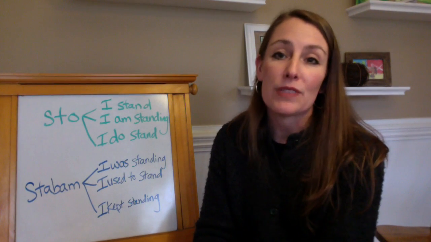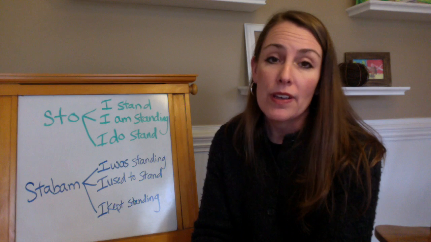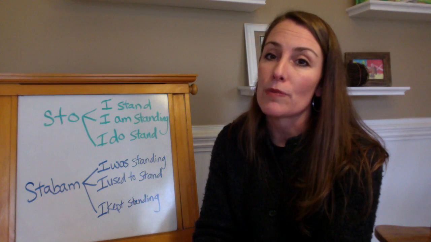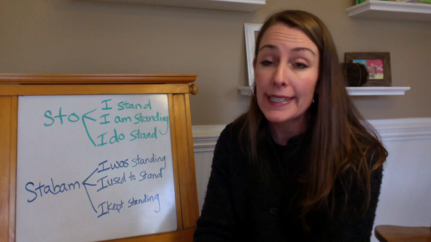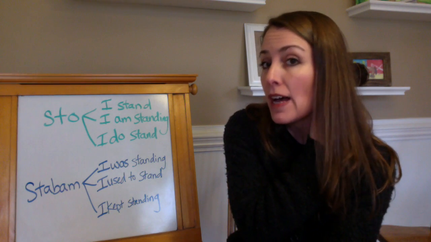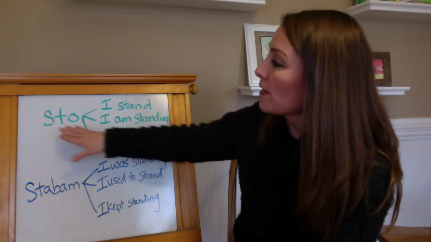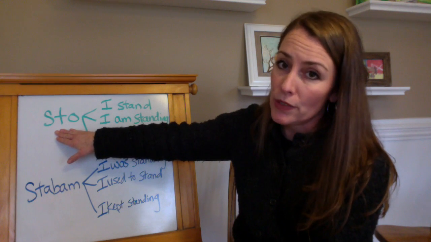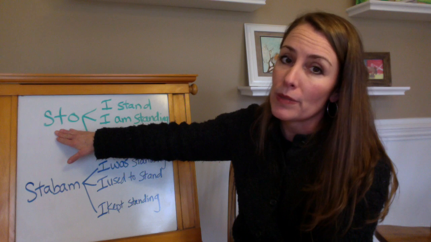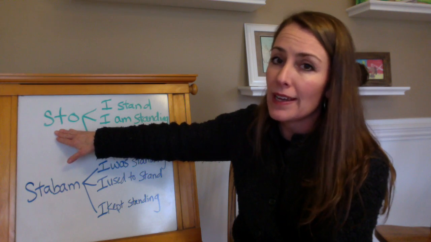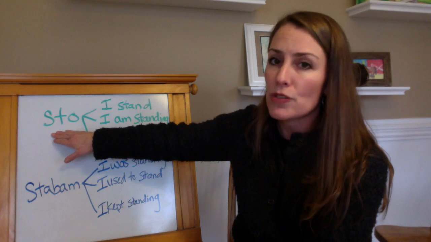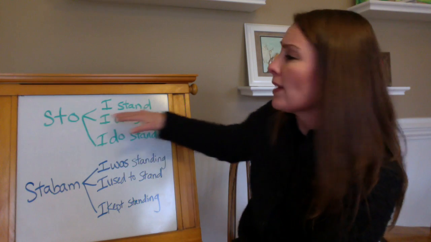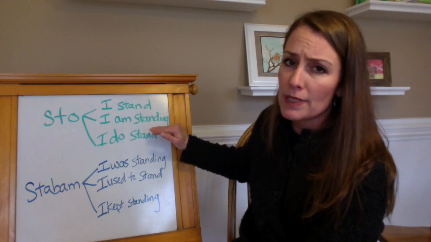Last week in class, we talked a little bit about our verb tenses and how we have many more verb tenses in English than we have in Latin. In speaking of the present tense, in Latin, we have one way to write it. So if I was going to, in the present tense, write I stand, I would write it sto. But I could also translate that in English instead of I stand as I am standing.